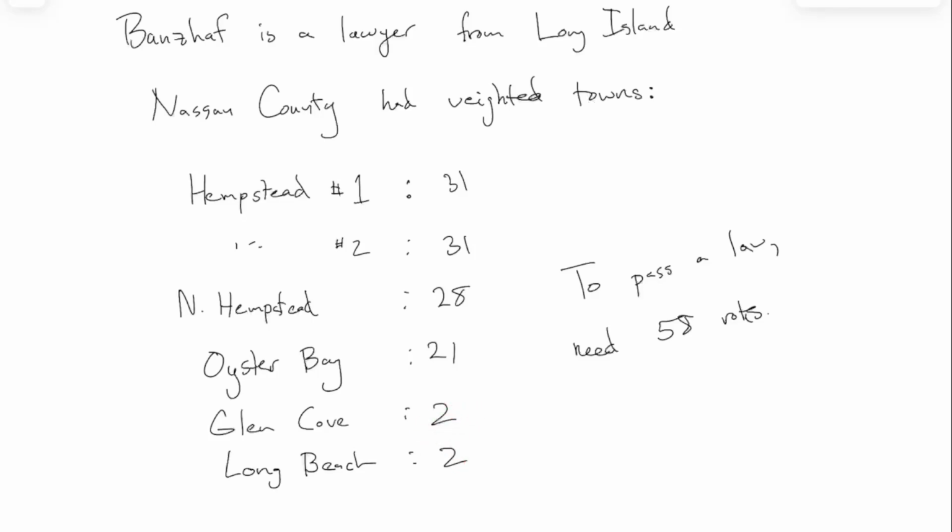And so everyone who lives in Glen Cove and Long Beach, they go to vote on voting day, but their vote actually doesn't count for anything. It can't possibly influence the results of the larger decision that's being made. And it's less obvious, but actually if you look very carefully at these numbers, you will see even this 21 is too small to influence the outcome because these numbers are so big.